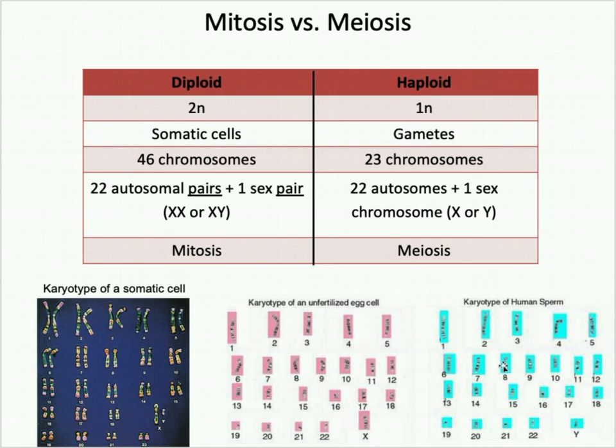When you put these two together, you have your somatic cell, which will divide through mitosis. The somatic cell has 23 pairs of chromosomes, 22 pairs of autosomes, and 1 pair of sex chromosomes.